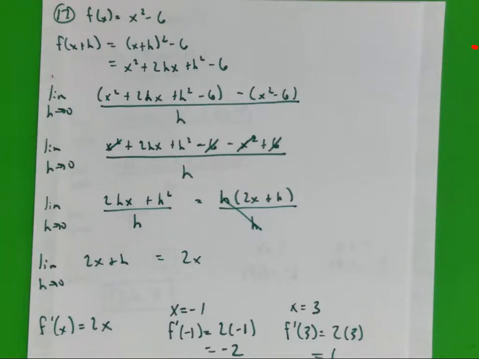I would not give you this definition next Tuesday on your test. The limit as h approaches 0 is f of x plus h minus f of x over h.